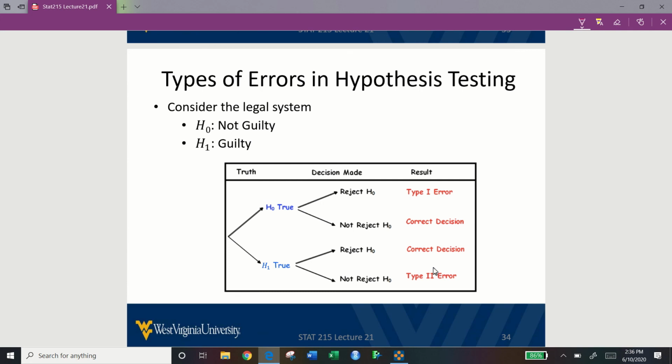A type 2 error would be that we let a guilty man or woman go free. Type 1 errors are considered to be worse than type 2 errors. The same in the legal system. Our legal system was designed so that ideally a guilty man will go free before an innocent man is put into prison.